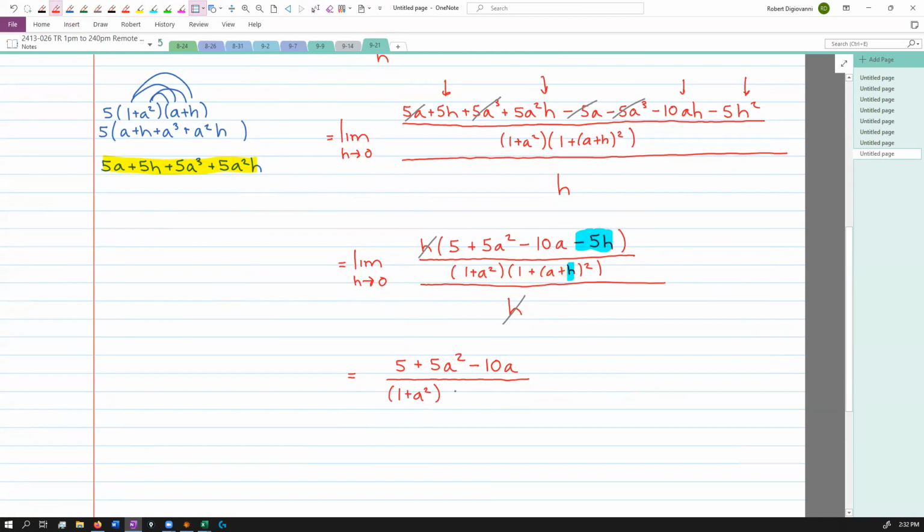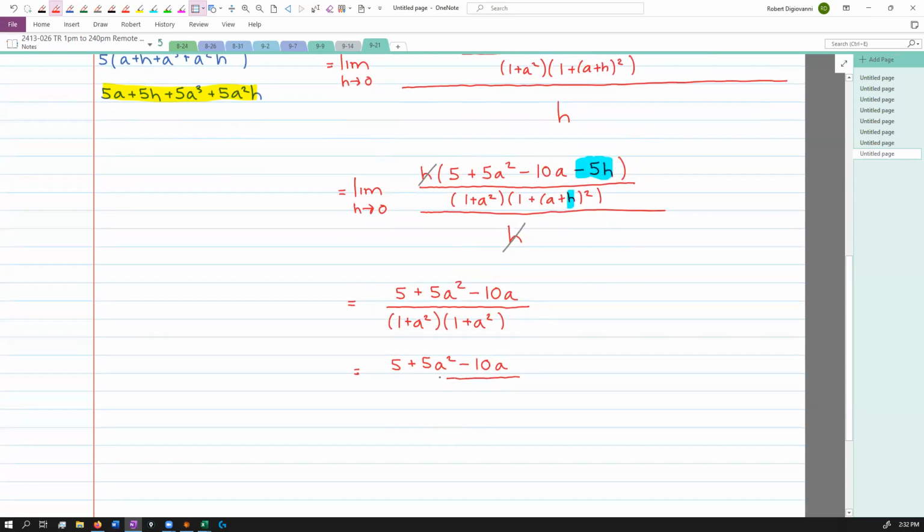So that's 1 plus a squared again. And so you could write this as 5 plus 5a squared minus 10a over 1 plus a squared, squared. There we go. That is our general formula for the slope of the tangent line at a. Give everyone more time here.